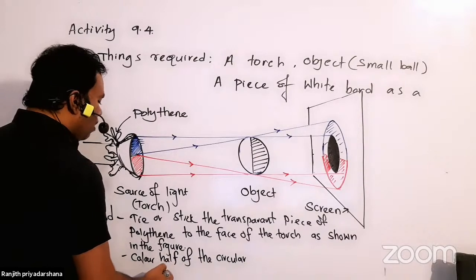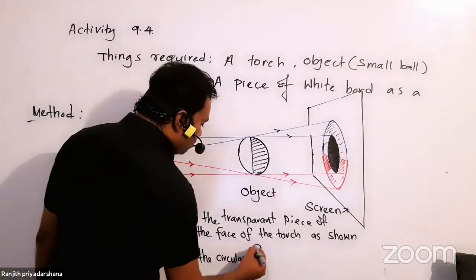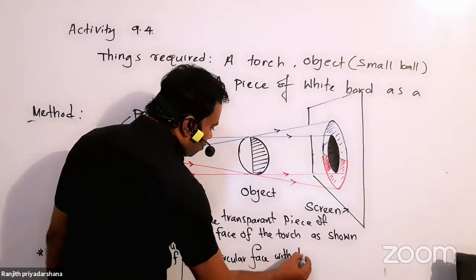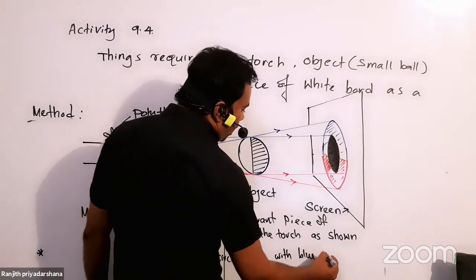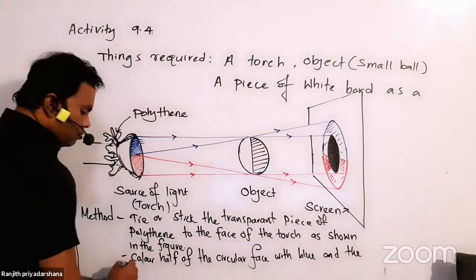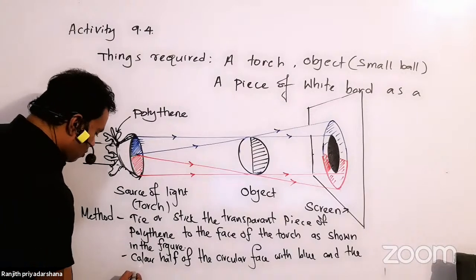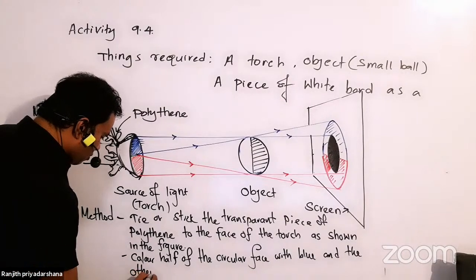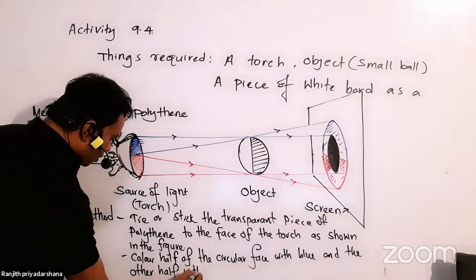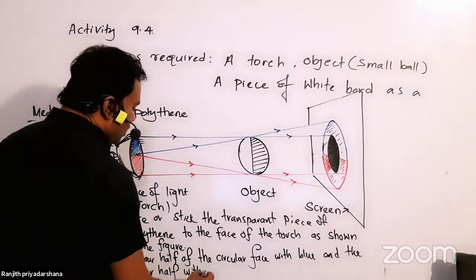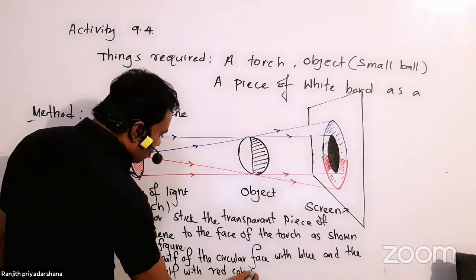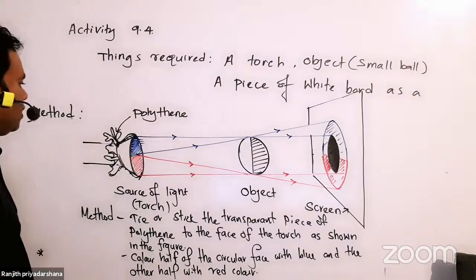Color half of the circular face with blue and the other half with red color. Other half with red color.